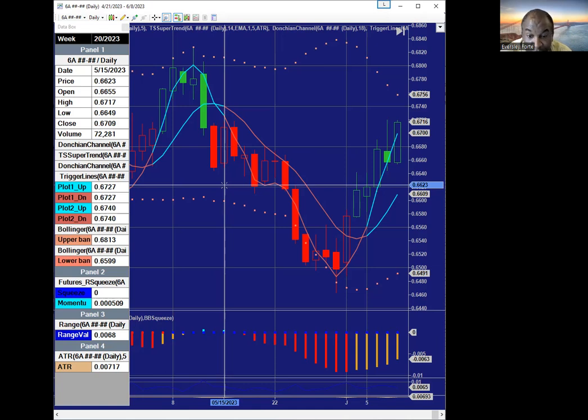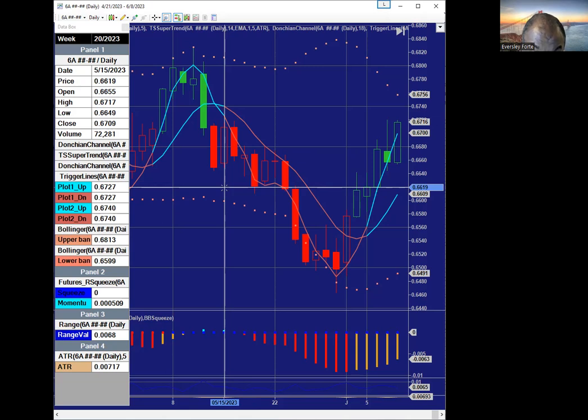So now we have to determine our risk. We're going to calculate how much we're risking on one contract, first and foremost. So what is the difference between our entry and stop loss? How many ticks? So if our stop loss is 0.6727 and our entry is 0.6639, how many ticks difference is that?